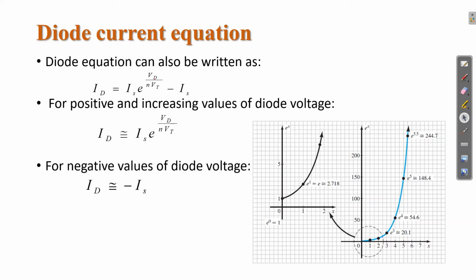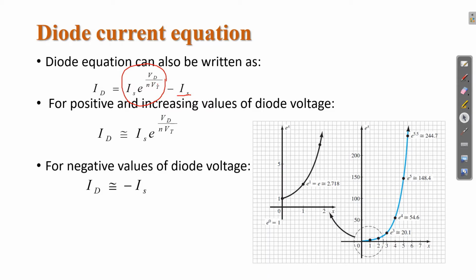As you go for higher values of VD, this exponential term starts dominating heavily for this net ID current. The reverse saturation current IS, this second term, is very small as you move in the direction of increasing VD.